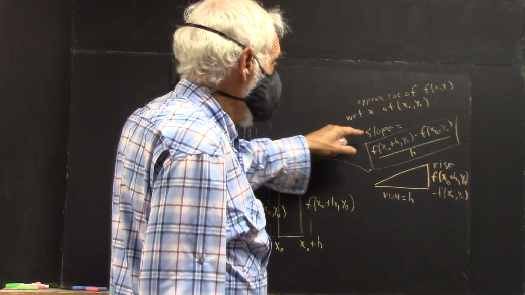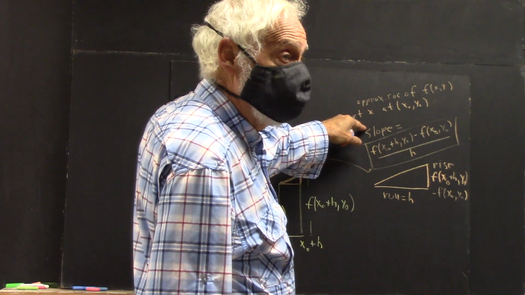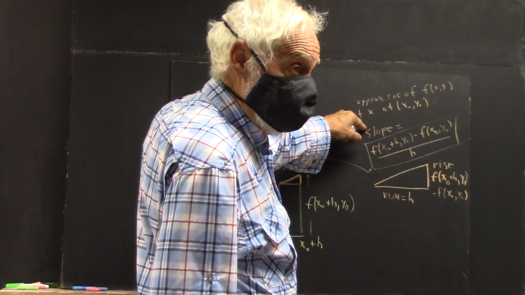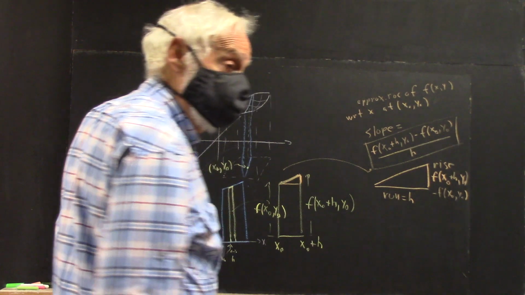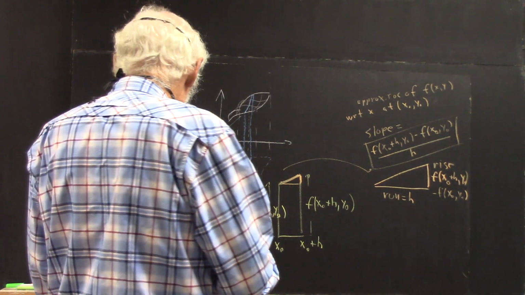And I could say this is the approximate partial derivative of f with respect to x, because the derivative is just this limit. Okay, so big deal here.